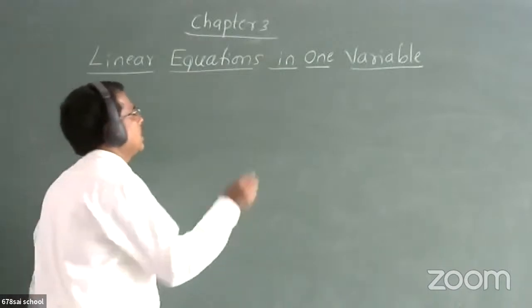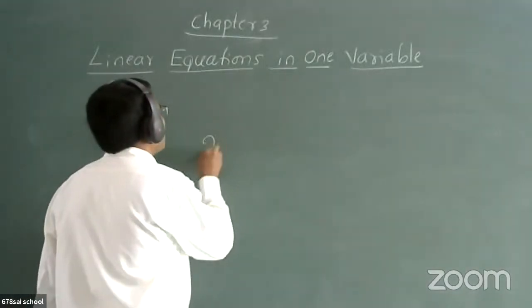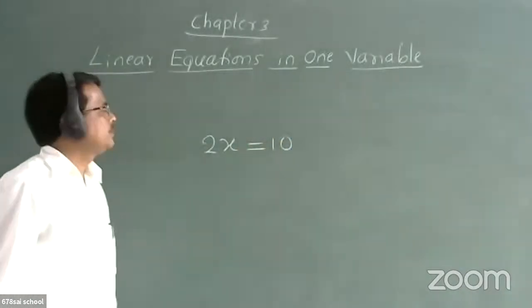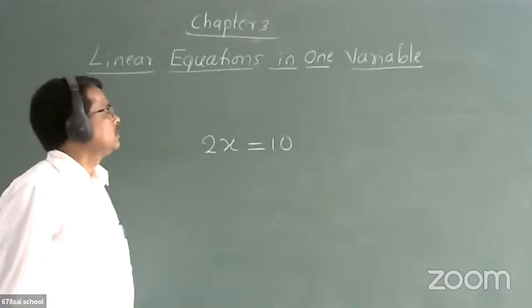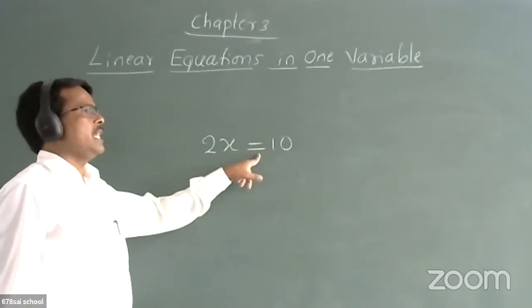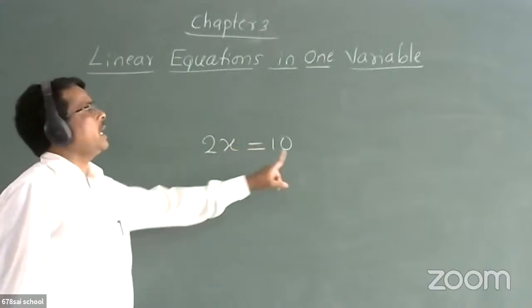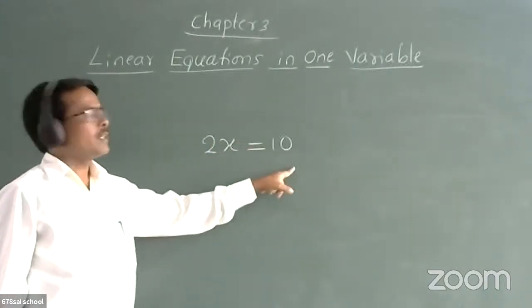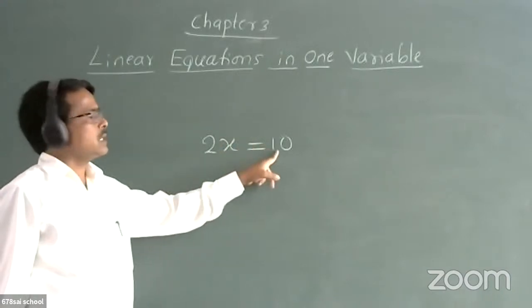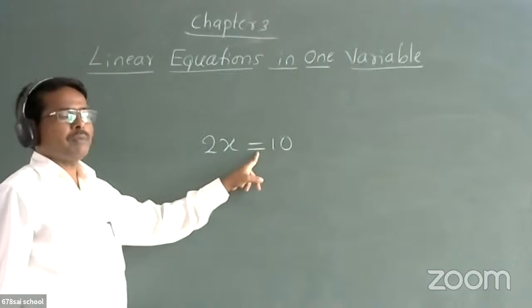For example, if I write 2x equal to 10, 2x equal to 10 is an equation because of the equal to sign. This equal to sign tells the left hand side and right hand side are equal. It is equality between two quantities. So this is an equation.